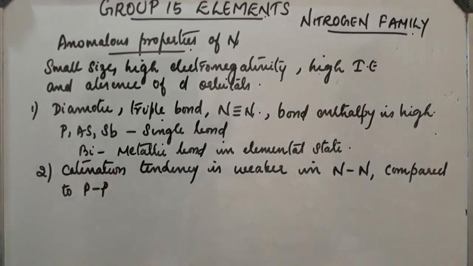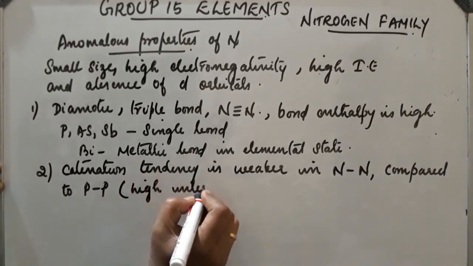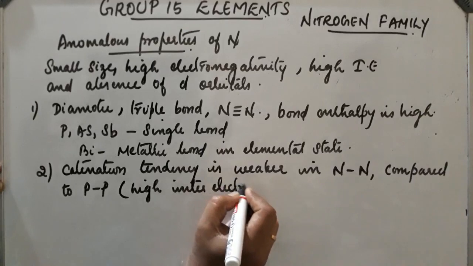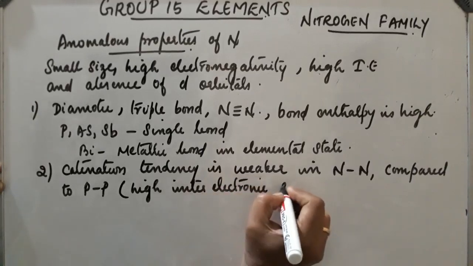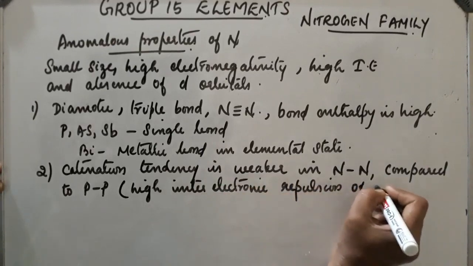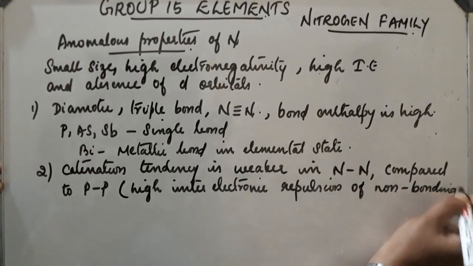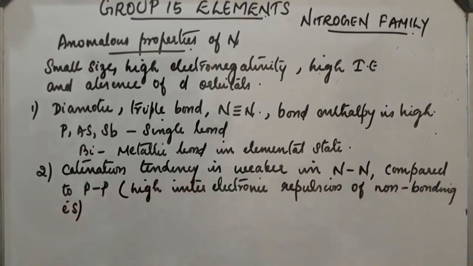This is due to high inter-electronic repulsion of non-bonding electrons in the case of nitrogen. Because in nitrogen N single bond N, the electrons are very close.